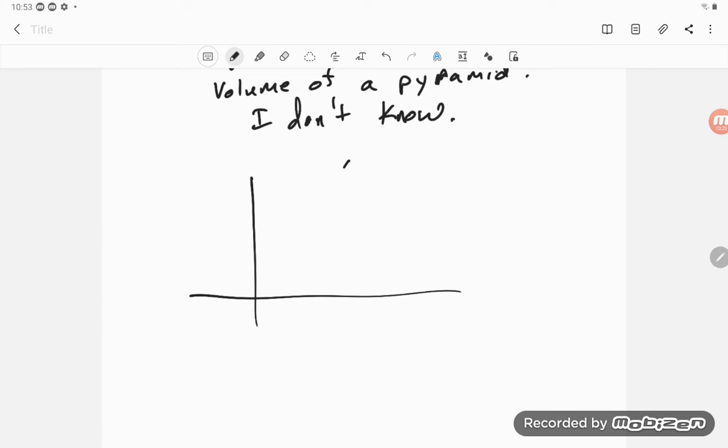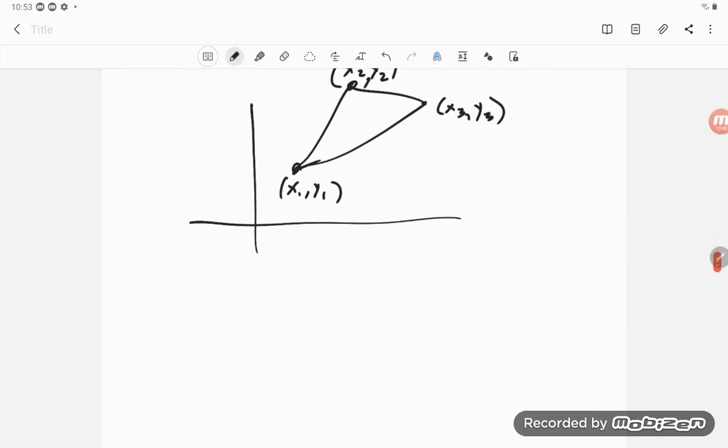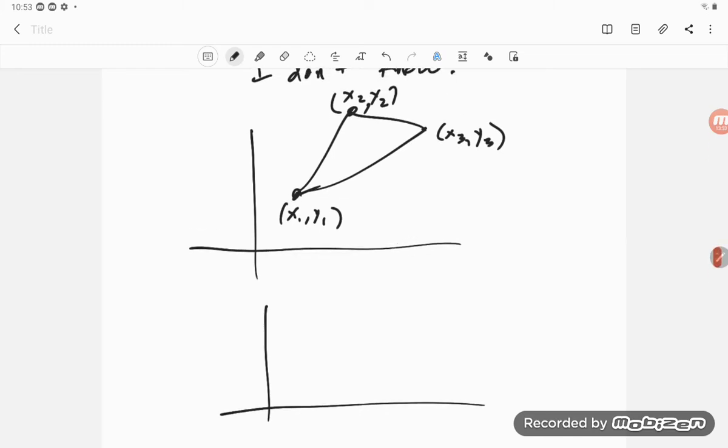So see, if I have a general triangle, and suppose this is x1, y1, and x2, y2, and x3, y3, then if I subtract x1, y1 from each of the other points, what that does is it creates that same triangle but translated.